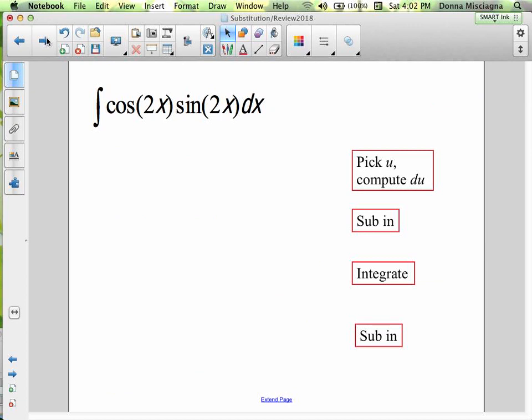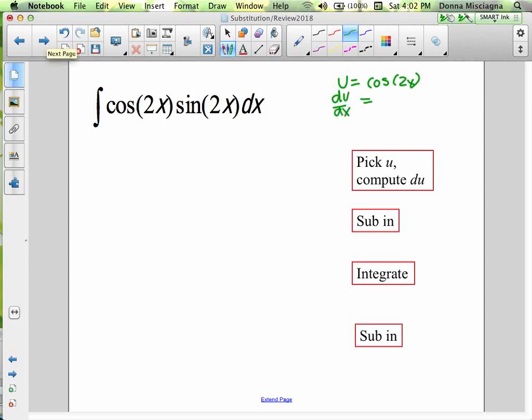All right, so the integral of cosine 2x sine 2x. Let's make u equal to cosine 2x, and take the derivative du with respect to x. The derivative of cosine 2x would be negative sine 2x times the derivative of 2x, so times the 2.